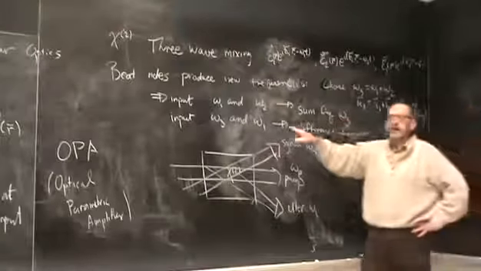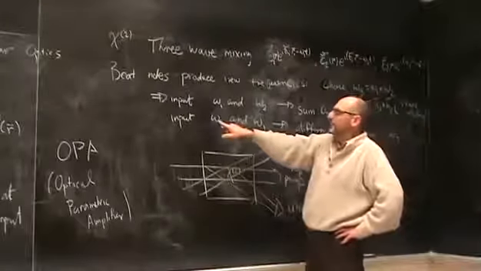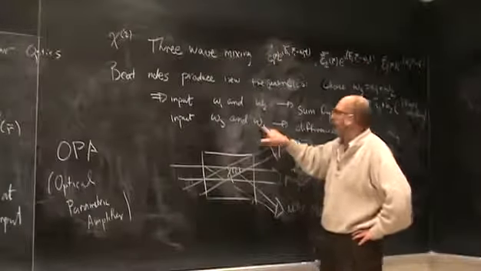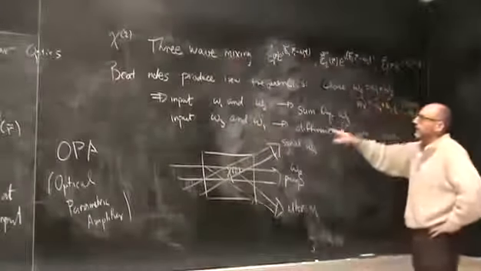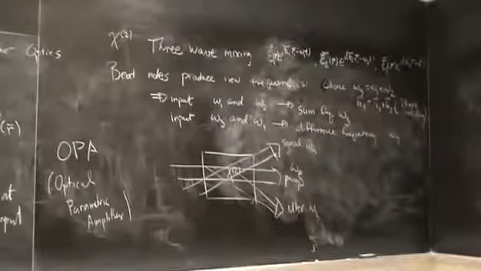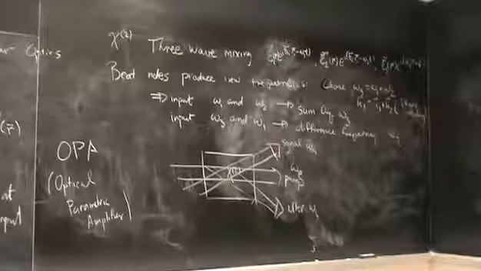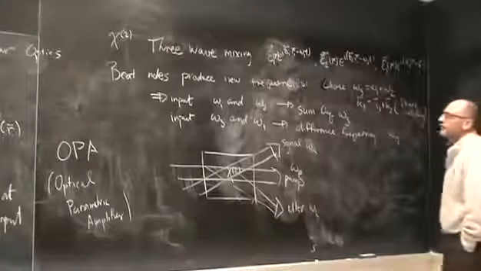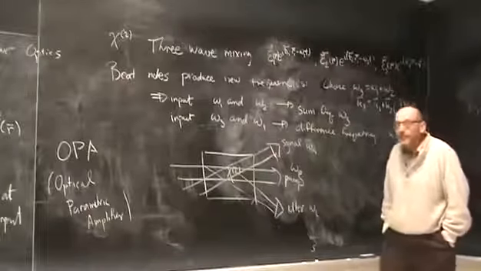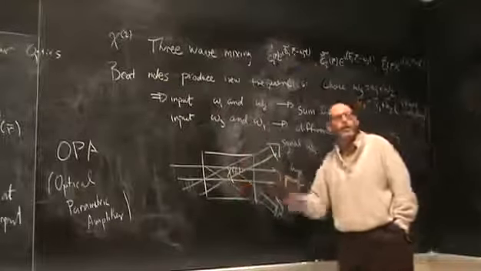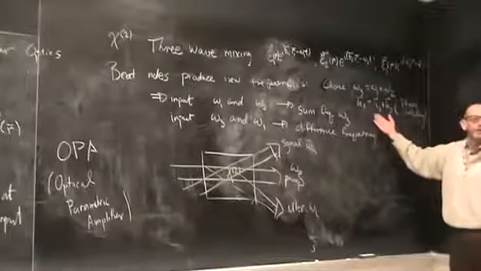If I injected the frequency omega 3 and omega 1, and this was satisfied, then I would generate the difference frequency. And as we discussed, it was important in order for this process to be as efficient as it can be in the transfer of energy between these waves that we had this phase matching condition.